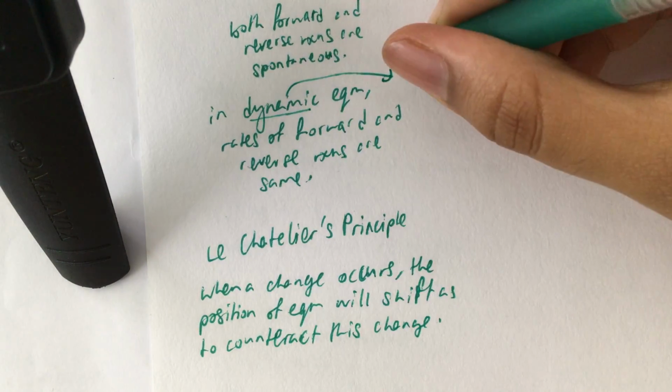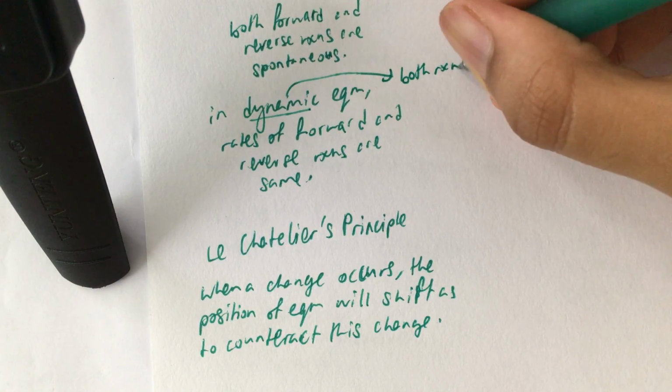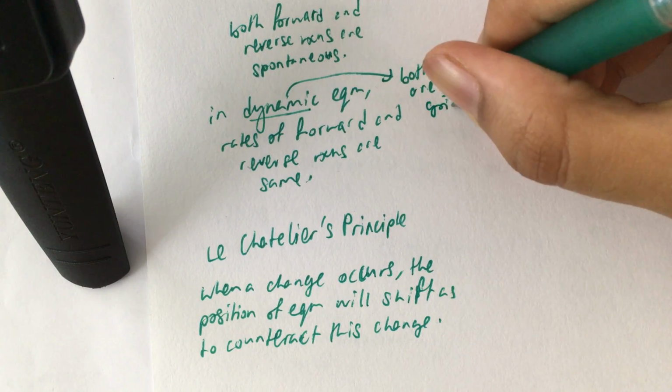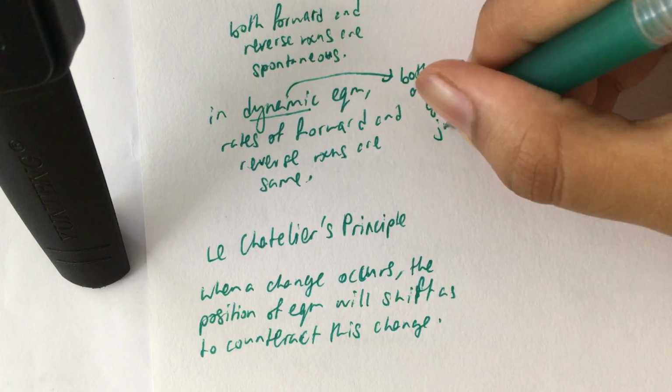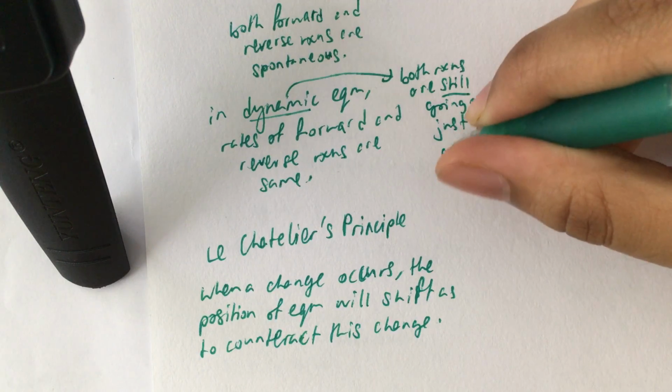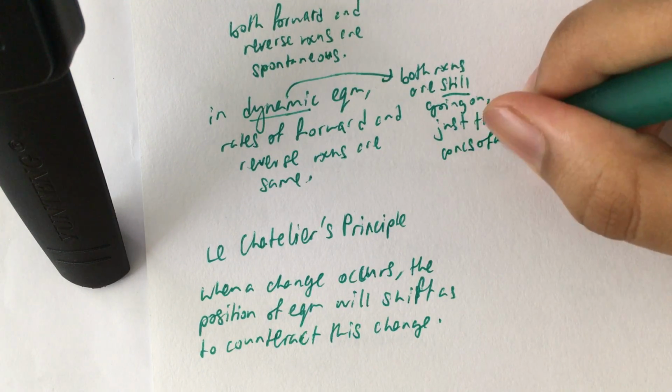Even at the equilibrated temperature, there is still heat transfer between both regions. It's just that the overall net transfer is zero. Likewise, in dynamic equilibrium, the net change of the product concentrations is zero.